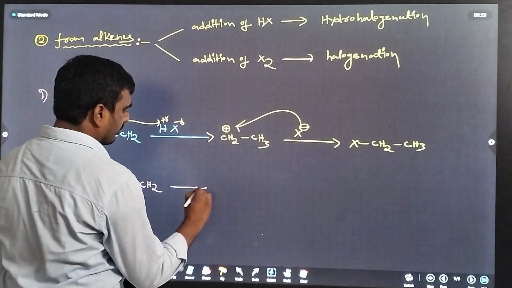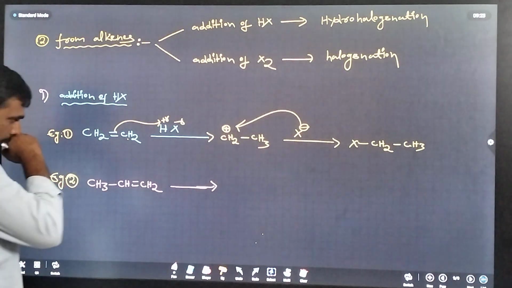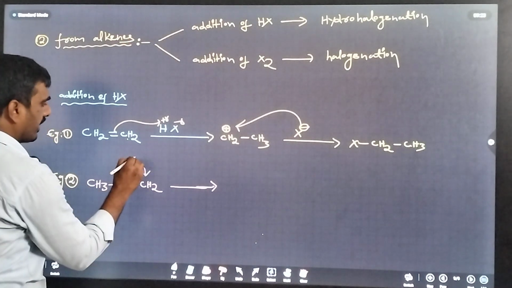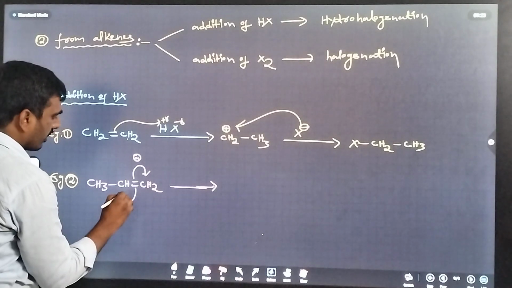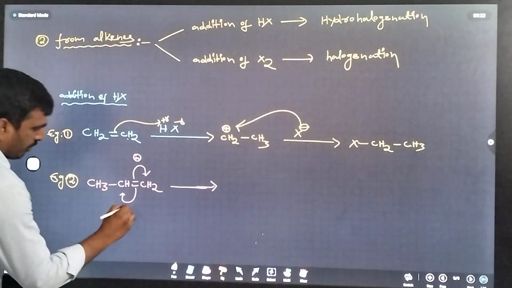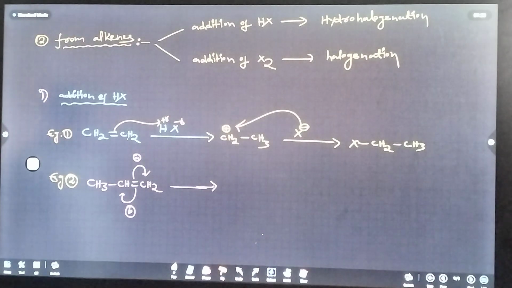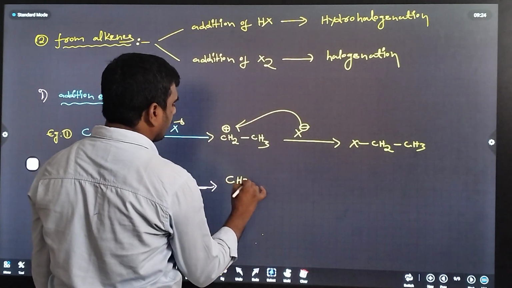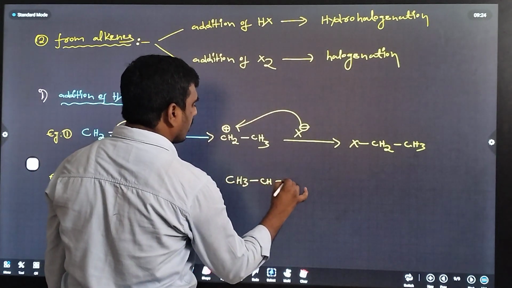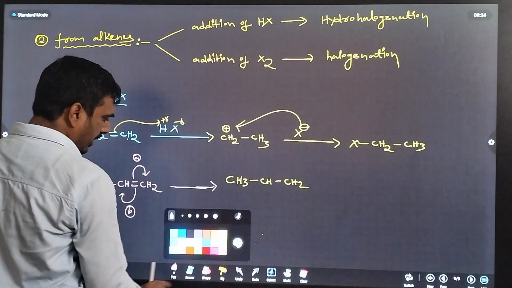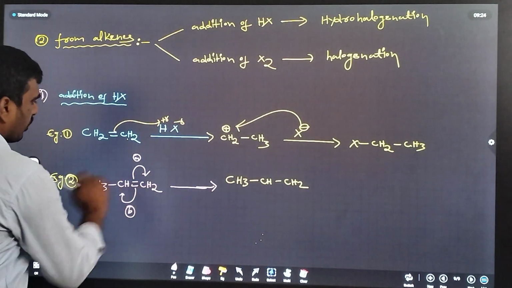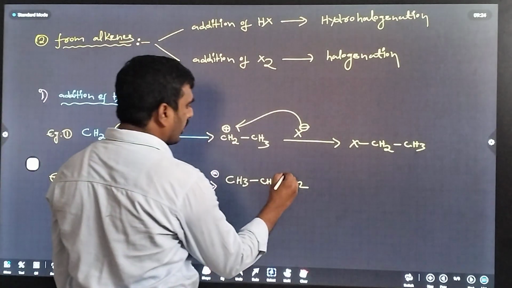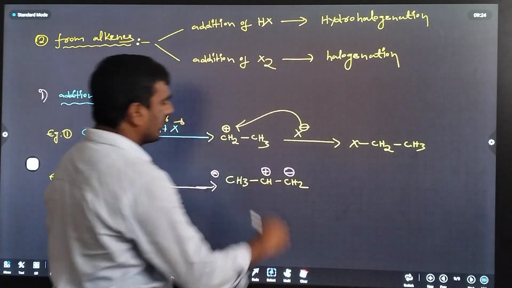So here, two possibilities are there. One electron displacement towards here, this is the A possibility. Another electron displacement towards here, this is the B possibility. In A possibility we get CH3–CH2–CH2, with electron displacement towards this carbon, so this carbon gets negative and the other carbon gets positive.